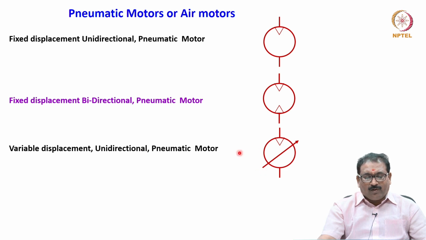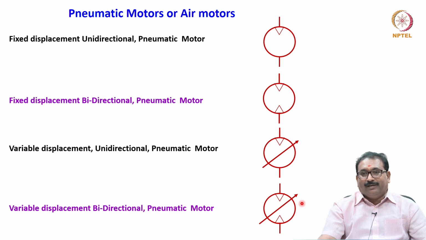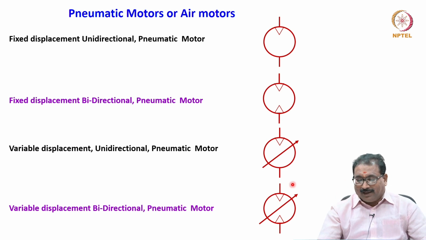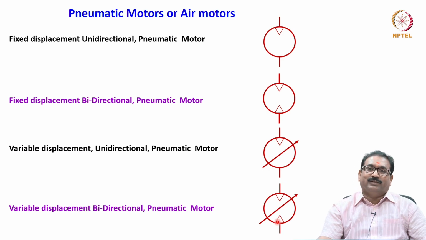Then with 1 arrow, variable displacement unidirectional pneumatic motor. Here, variable displacement bidirectional pneumatic motor. If you put an arrow across, it is read as variable displacement. If you remove the arrow, it is a fixed displacement. This is the only difference, friends.